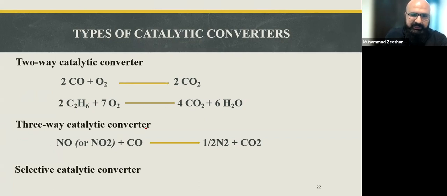Then we have the three-way catalytic converter, which performs the task of converting CO and hydrocarbons into their less toxic versions, but at the same time also deals with the oxides of nitrogen, and transforms that oxide of nitrogen into the reduced form of nitrogen, which is nitrogen itself.